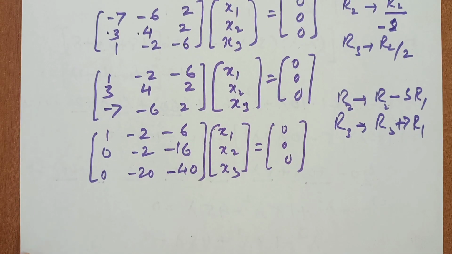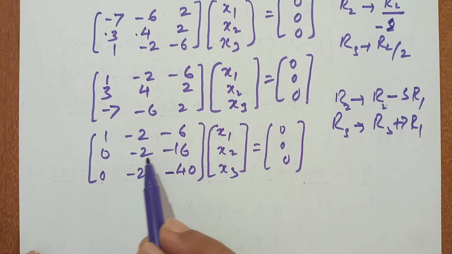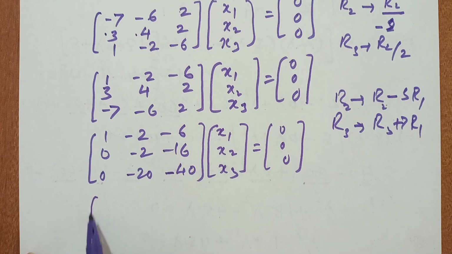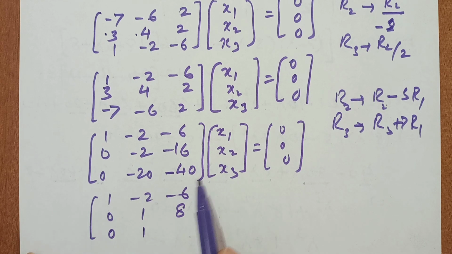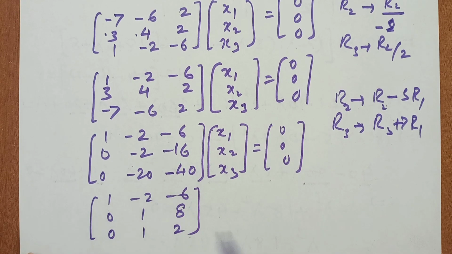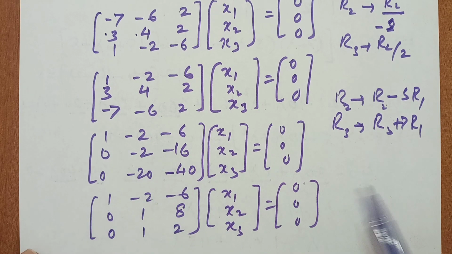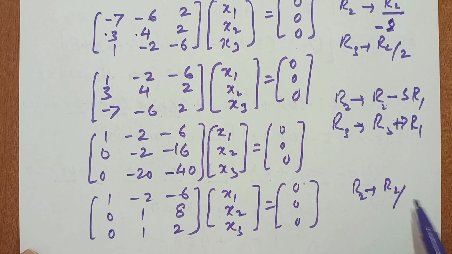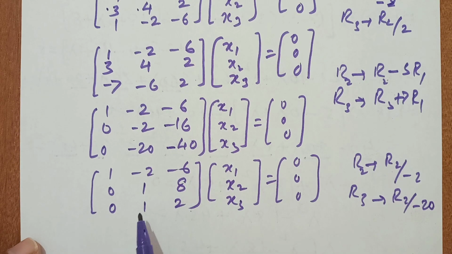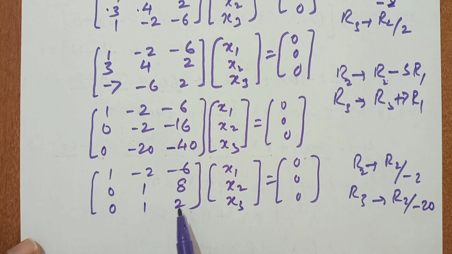Okay, now we see carefully. If we divide by minus 2, so 2 and 8, and this 1 minus 2 minus 6, 0 1 2, 0 1 8, meaning R2 tends to R2 by minus 2, R3 tends to R3 by minus 20.